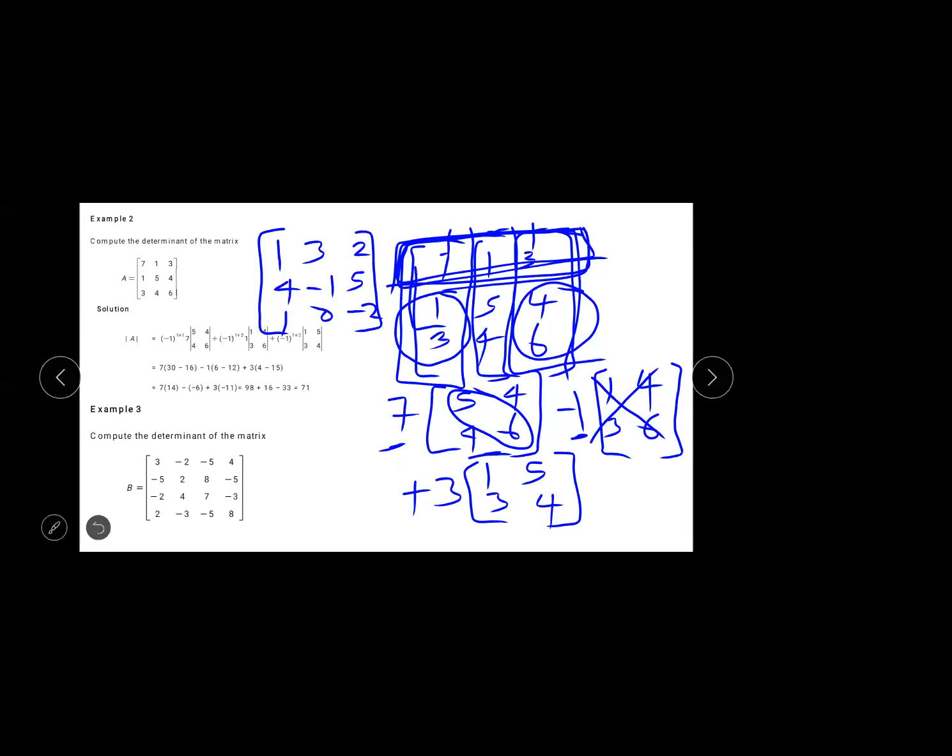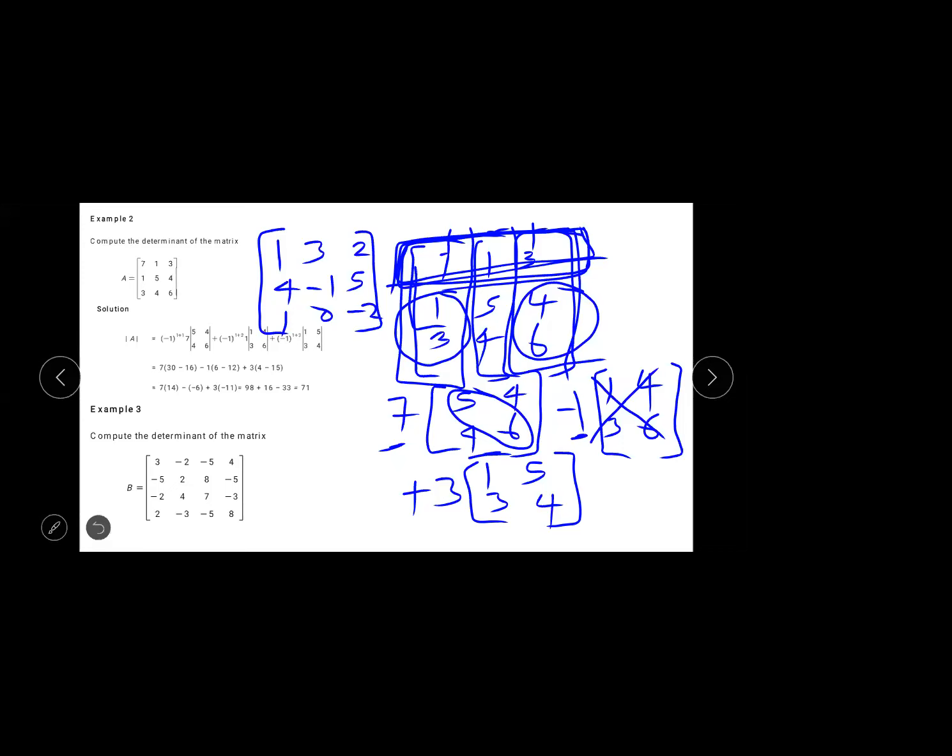So you remember your steps? Like I explained earlier, put your signs, plus, minus, plus, on top. You can do that here too. What will be the next thing?